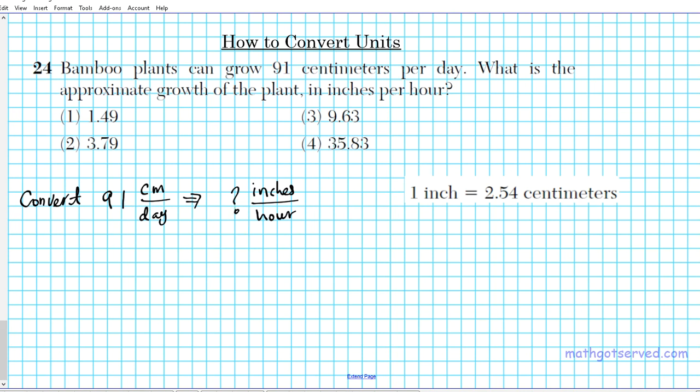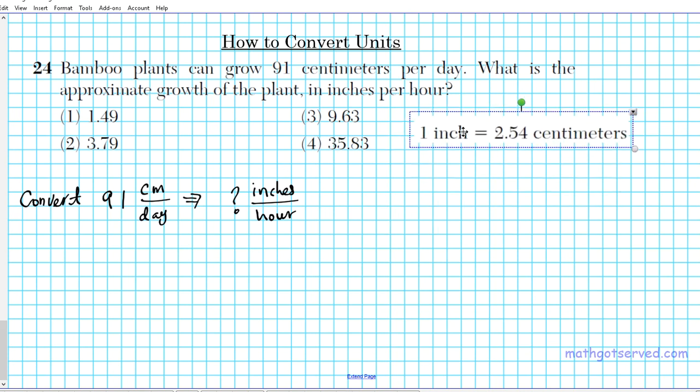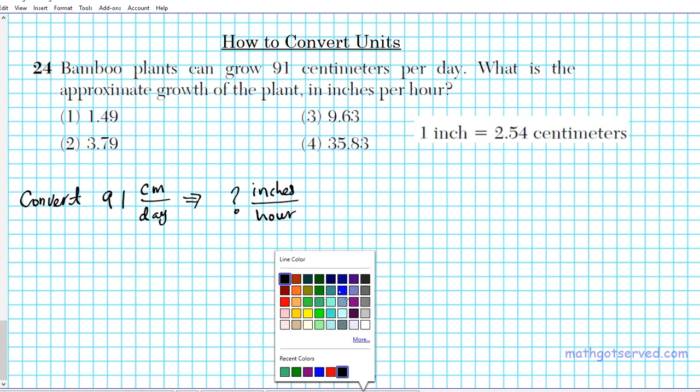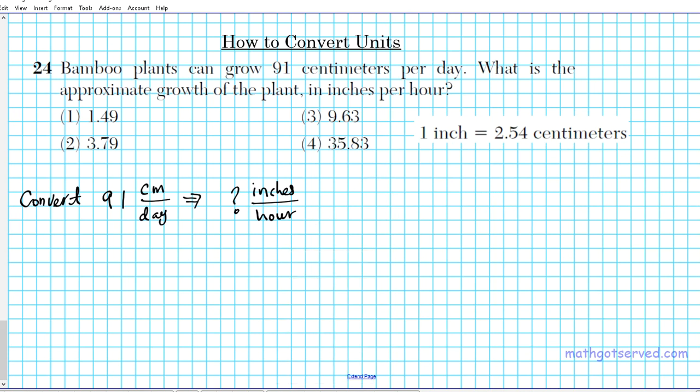So we want to identify what our goal is in this conversion process, and then we are going to apply it. The goal here in our conversion is to cancel out centimeters and day. We need that gone. What do we want in replacement?